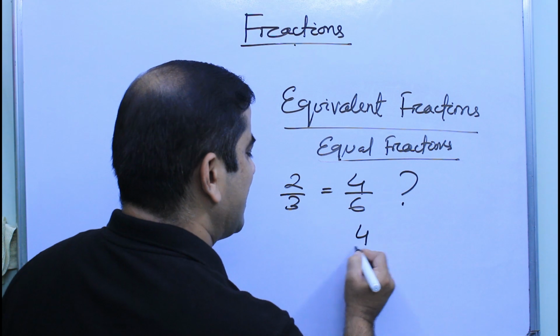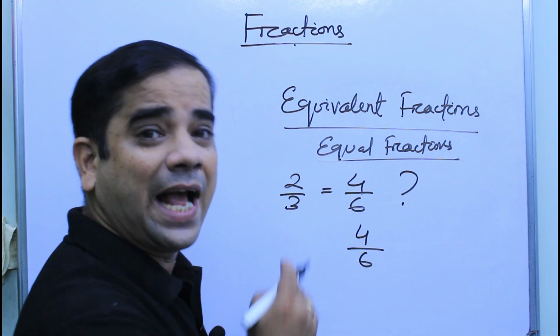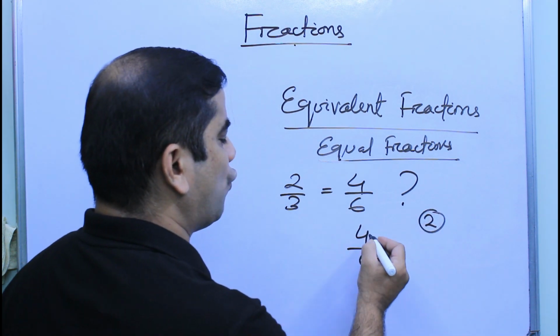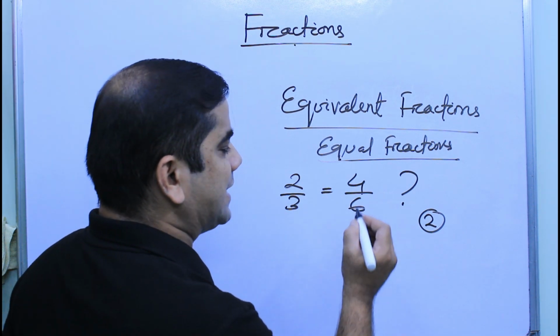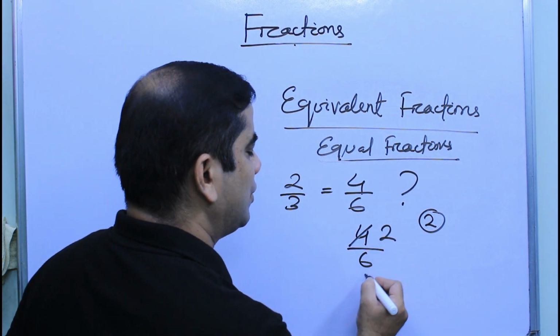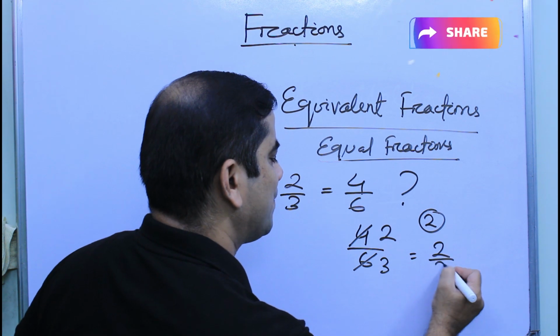So, I can divide 4 and 6 by their HCF, which is nothing but 2. 2 is the HCF of 4 and 6. So, when I divide 4 and 6 by 2, I get 4 divided by 2, that is 2, and 6 divided by 2, that is 3, which gives us 2 by 3.